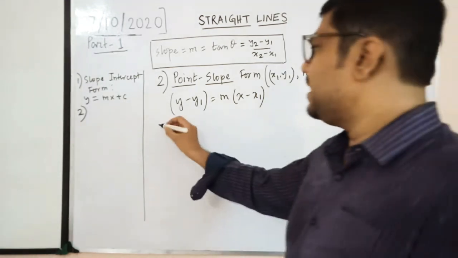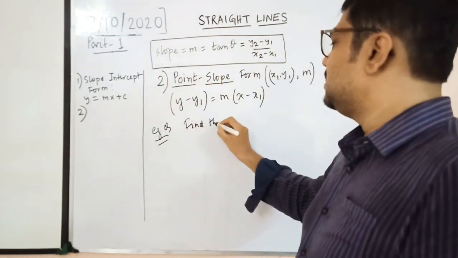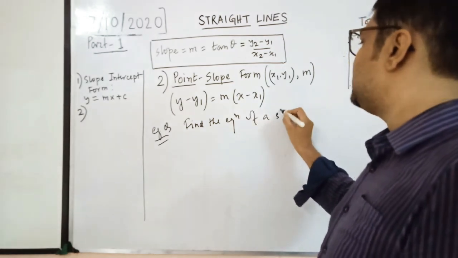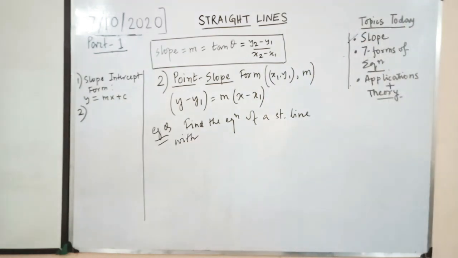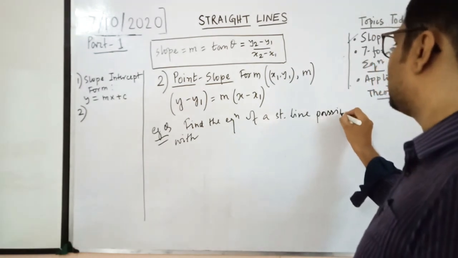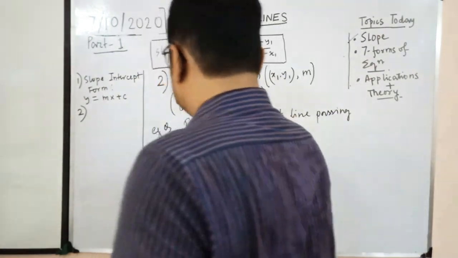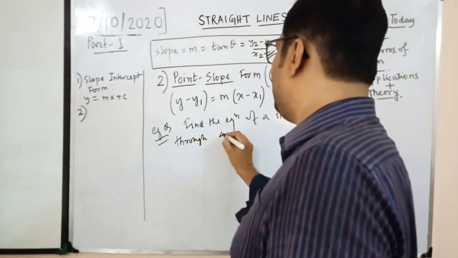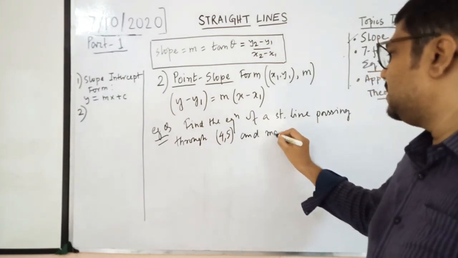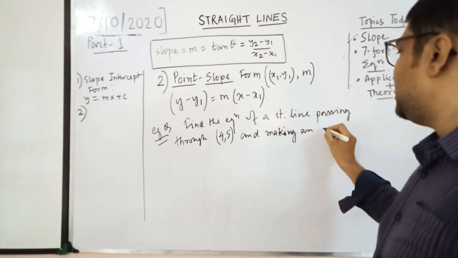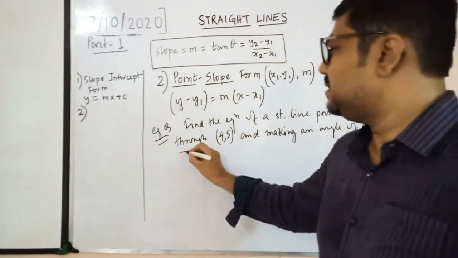So if someone says, for example, a simple question, the question is something like: find the equation of a straight line passing through (4, 5) and making an angle of 45 degrees with the positive x-axis.